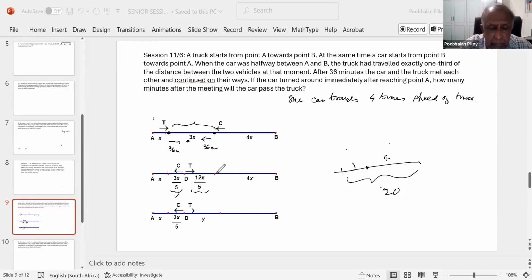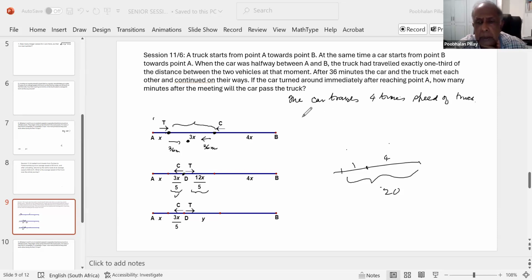So what does this mean? It means that the car has traveled 12x/5. They meet at this point here now, right? And we know this distance here. All right, and it takes 36 minutes to travel this distance. The truck took 36 minutes to travel from this point to this point.